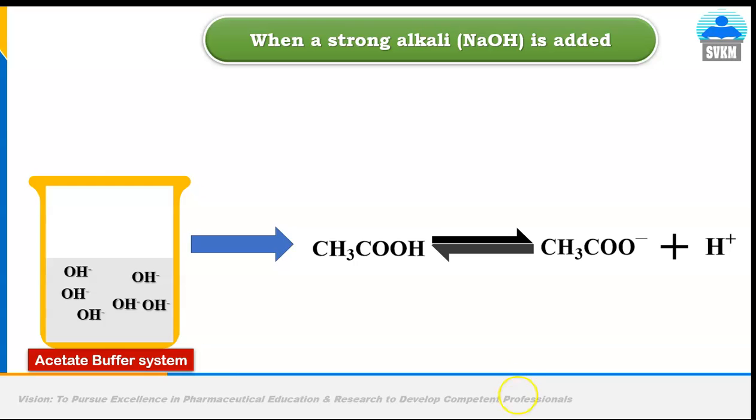Proton means H+ ion, and this H+ ion combines with the OH- ion and gets converted into a water molecule, and in this way it decreases the concentration of OH- ion in the solution.